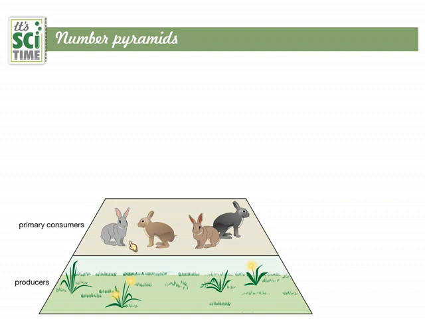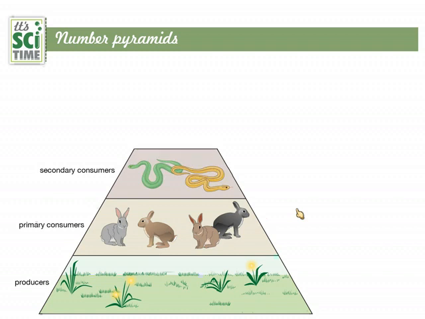According to this, if there are 10 here and around one rabbit to eat it, that means only 10% of the number exists in the next level. Then in the secondary consumer level the number is even lesser.